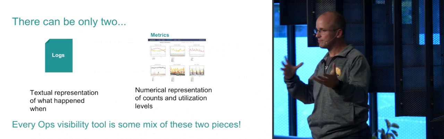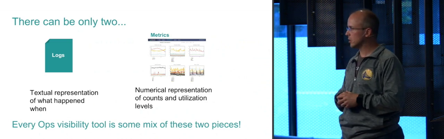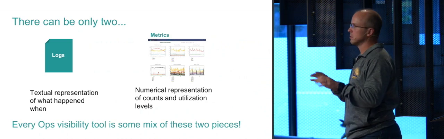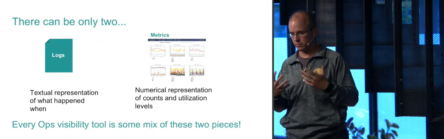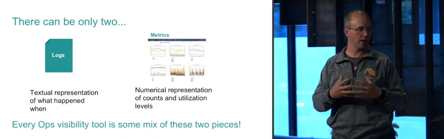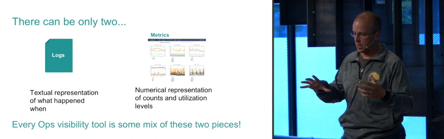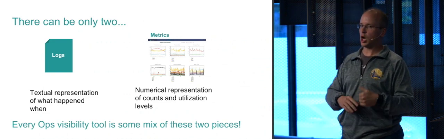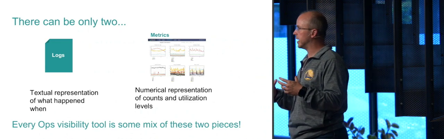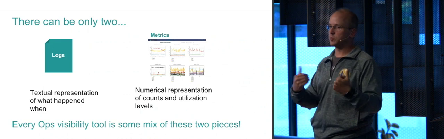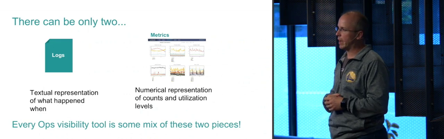So I've oversimplified here a little bit; they're not totally independent. And one of the cool things I like, because it simplifies my life as an ops person, is that I can write metrics to my logs. This is also good because I don't have to get as many data pipes coming back off the servers.